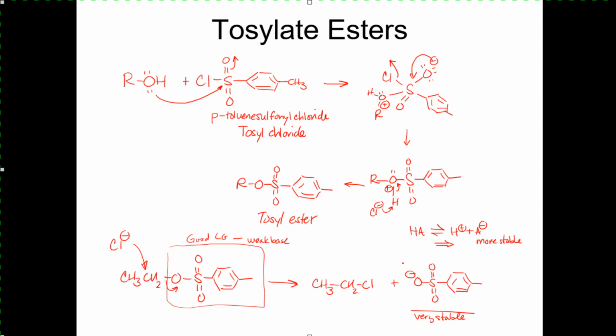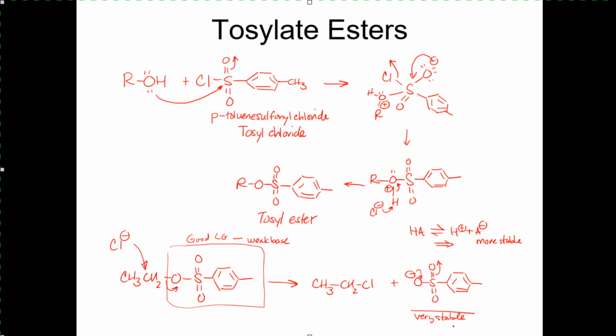Its conjugate acid, which would be a sulfonic acid, would be very strong, but this would be very weak and also very stable. Now, why is this tosylate ion very stable? Because it has lots of resonance structures, right? I could take this pair of electrons, move it here, move that pair of electrons up there.